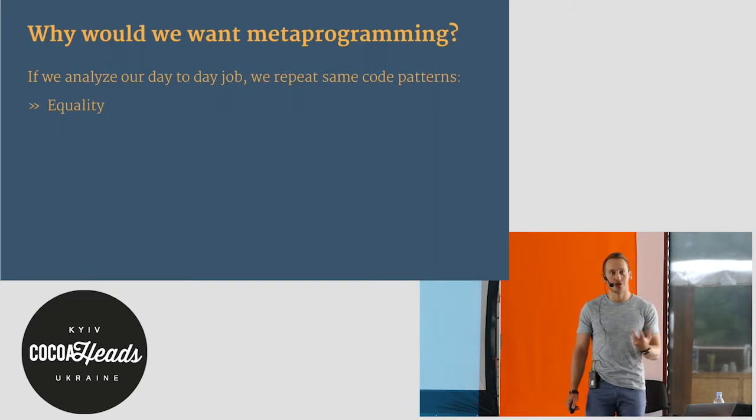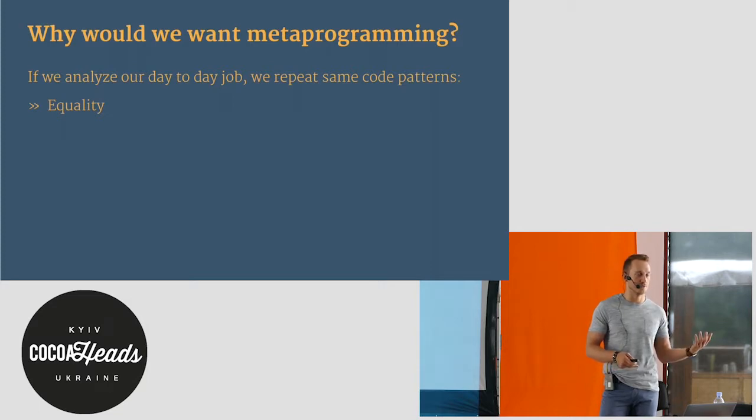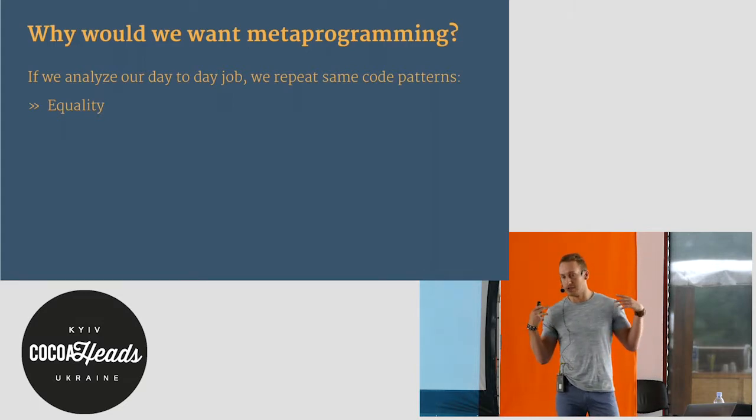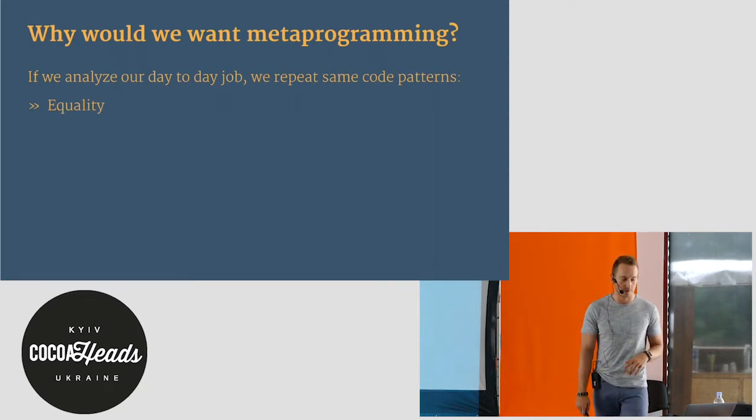And it is usually useful to be able to equate them. We want to compare whether an instance of a class is equal to another instance, so we can do stuff like caching, avoiding unnecessary side effects when something gets assigned again. There are lots of things where equality comes in handy.